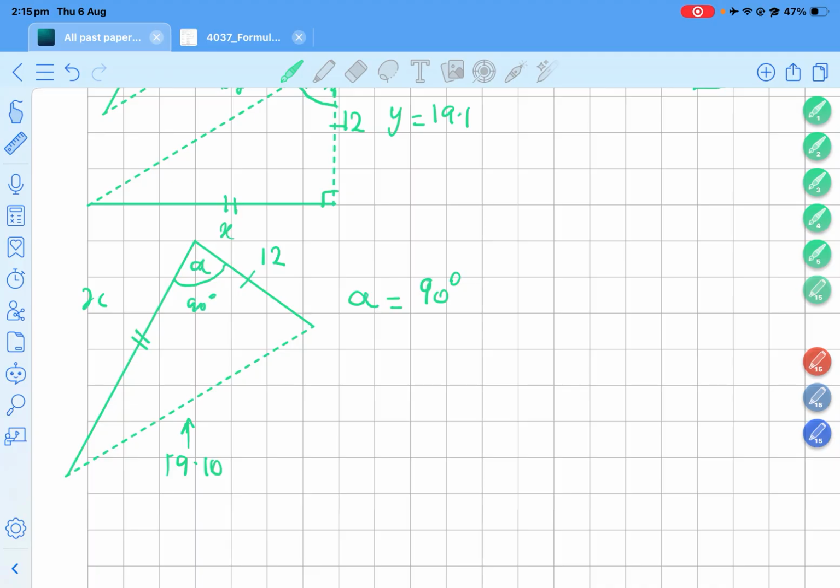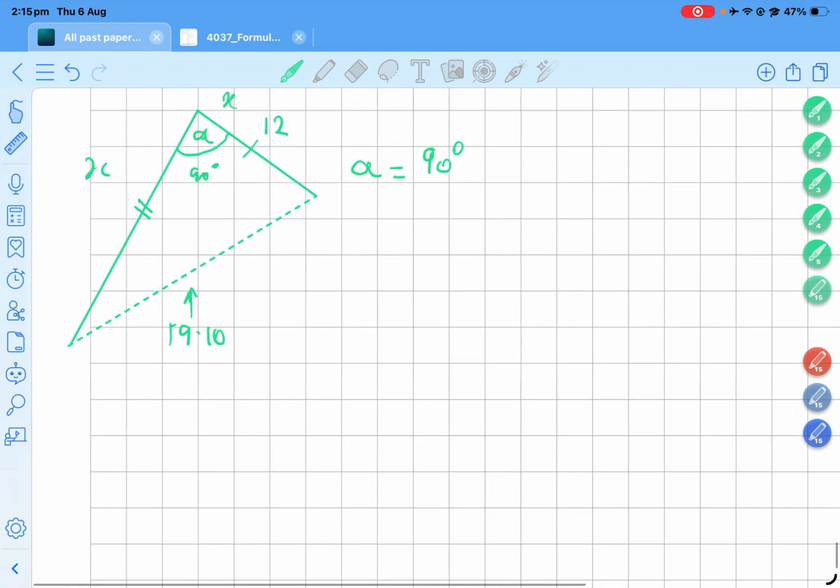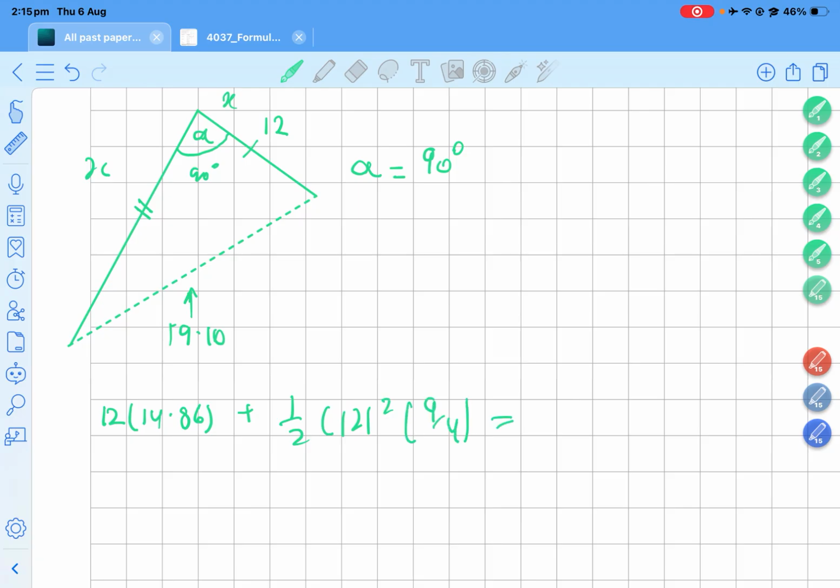So these two triangles are congruent. So we'll do half. We can ignore the half now since it's two triangles, so half times 2 just cancels out. We just need to do 12 into 14.86 plus half into r square, which is 12 square, into 9/4, the sector thing.